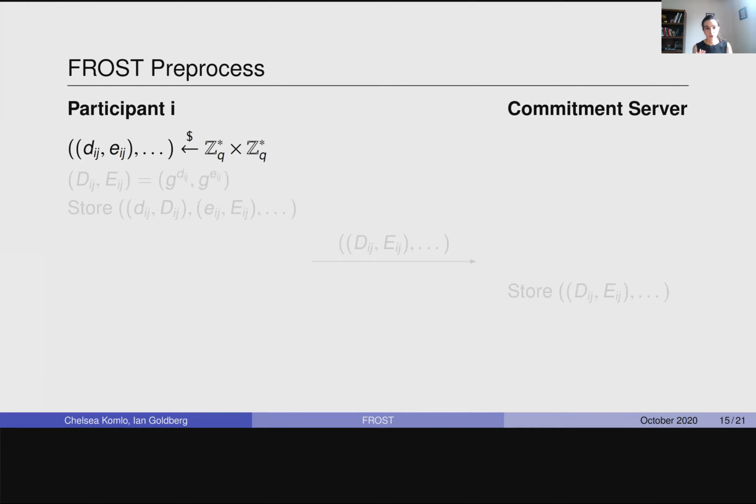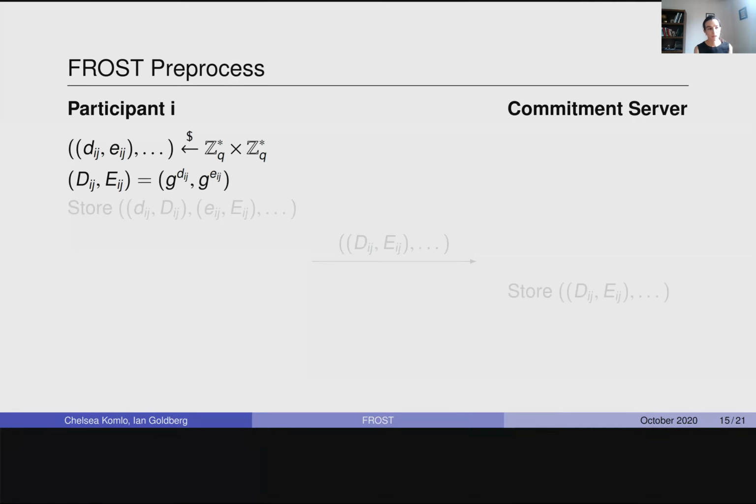Okay, so the first round of Frost signing. I'll show this as a pre-processing round and a signing round, but note that this can be done as the first round of this 2-round protocol. For Frost signing, every participant will start by selecting 2 nonces, little dij and little eij, and then they'll generate 2 commitments to those nonces.